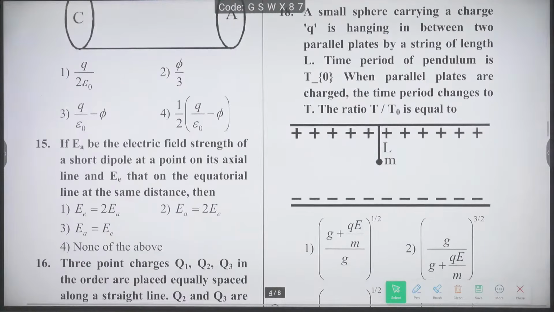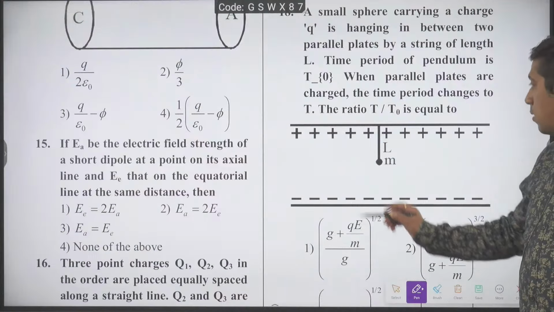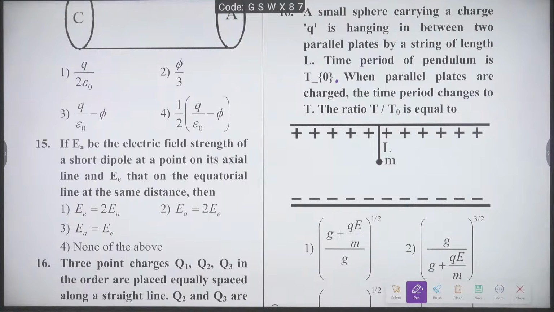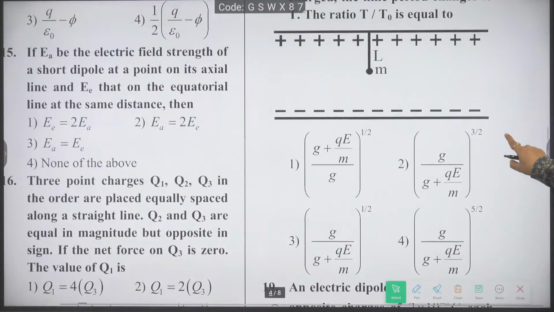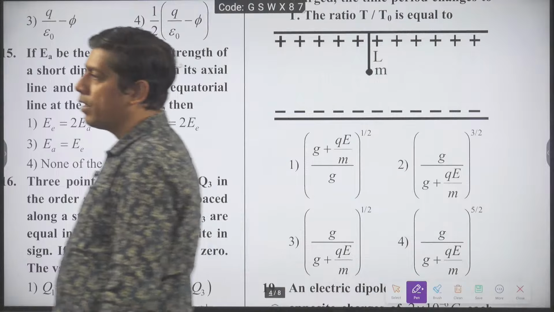Question number 18. They're saying the time period of a pendulum is T naught, but when the plates are charged, the time period changes to T. So simply they are saying find the ratio of T and T naught, means without electric field and with electric field.